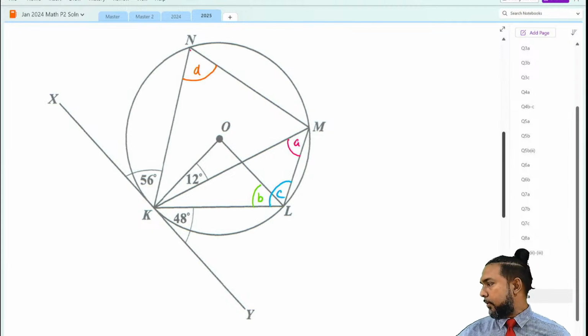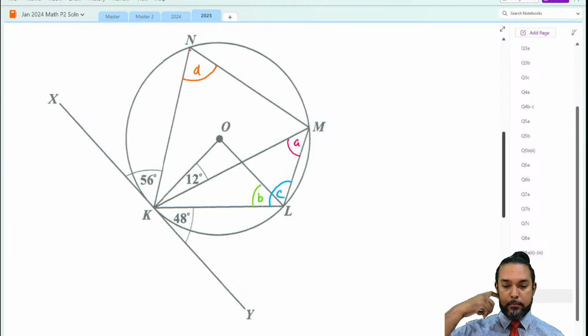I'll give you about a minute and a half again. Of course, if you want more time, it's not a problem. You know how you have the rule where the angle at the center is double the angle at the circumference?